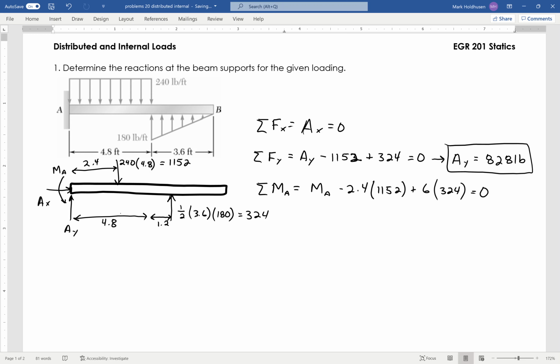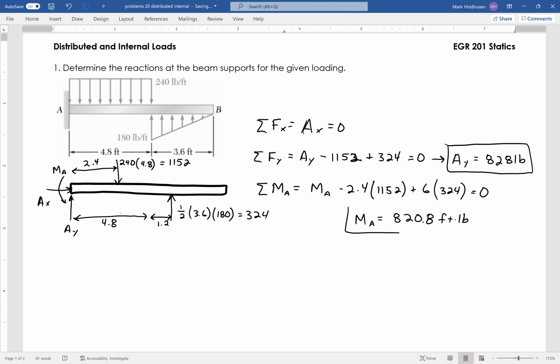That's going to be counterclockwise. The 1152 is going to create a negative, clockwise one. So solving for my reaction moment MA, I get 820.8, and that's going to be foot-pounds.